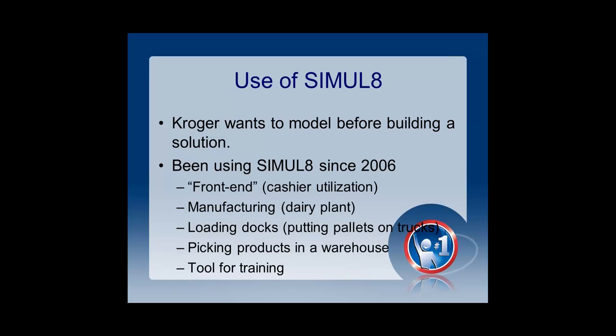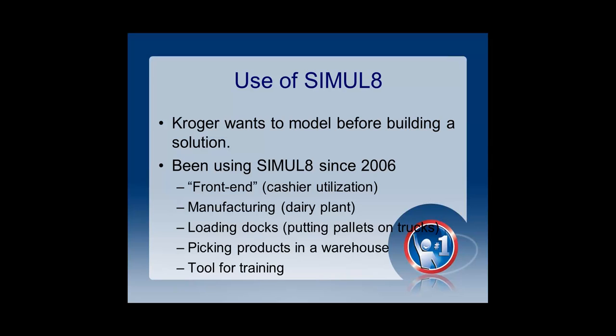There are several places within Kroger that we've been using SIMUL8. We've been using it since 2006. We've looked at what we call the front end of our system. The front end is the cashier, where you check out. And I'll actually go into more detail on the next slide on that.